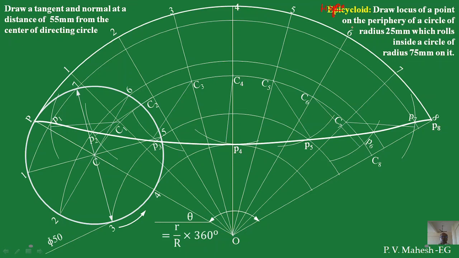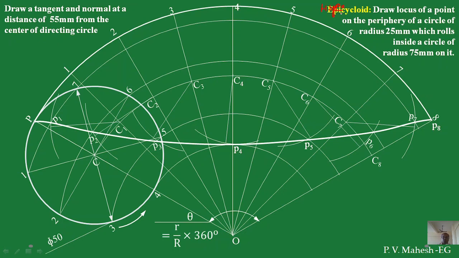So students, this circle is rolling inside another circle, so it is called hypocycloid. If the circle is rolling outside another circle, it is called epicycloid. So that is the important point you have to remember.